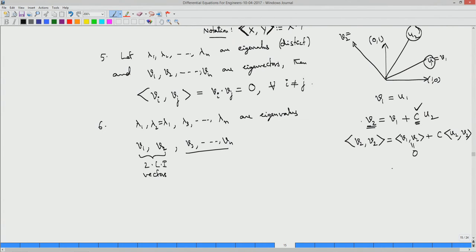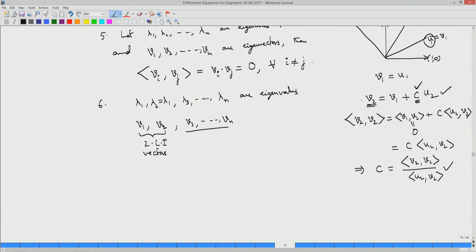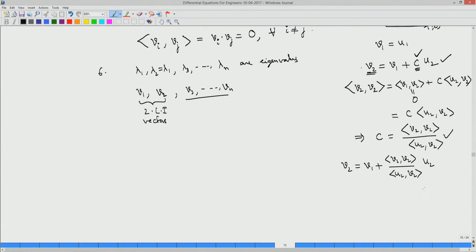This gives C equal to V2 V2 divided by U2 V2, and V1 equals U1.